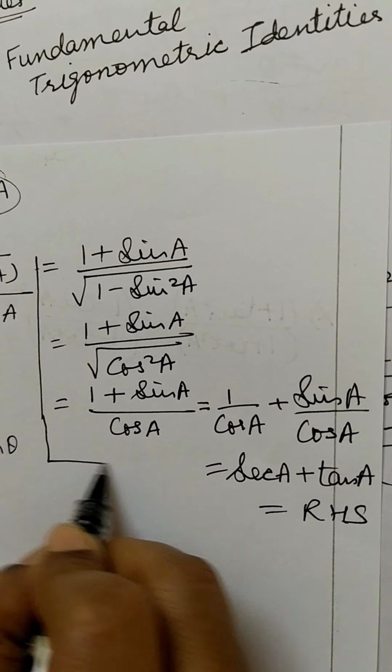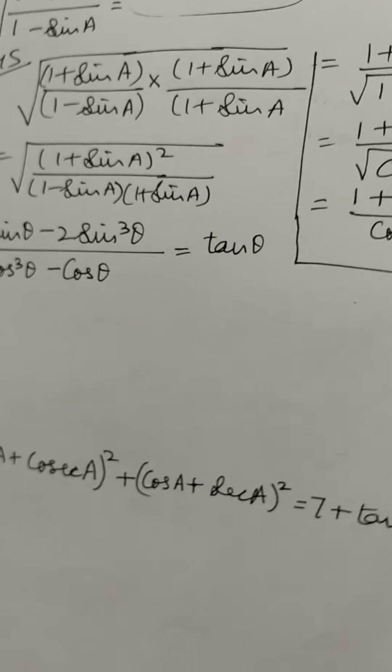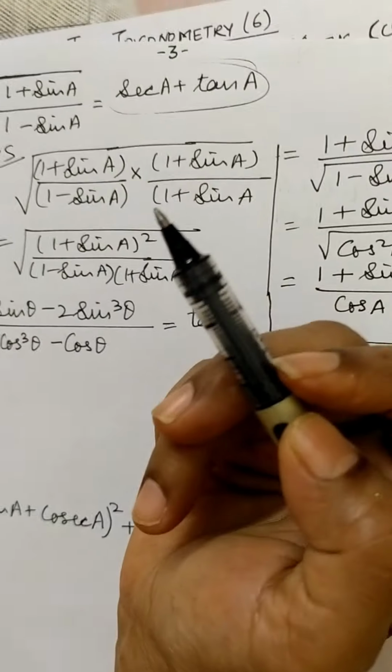So in this way we have obtained RHS and this identity is proved.